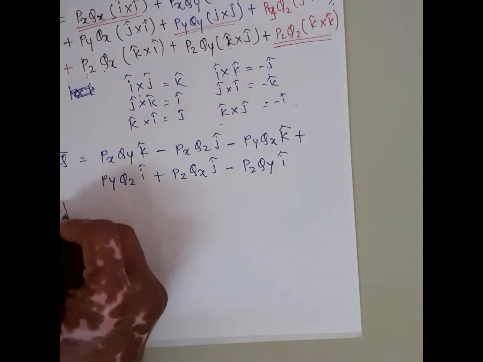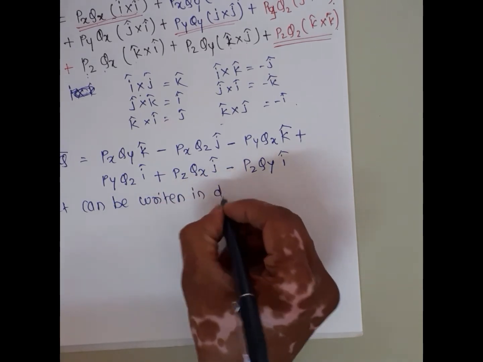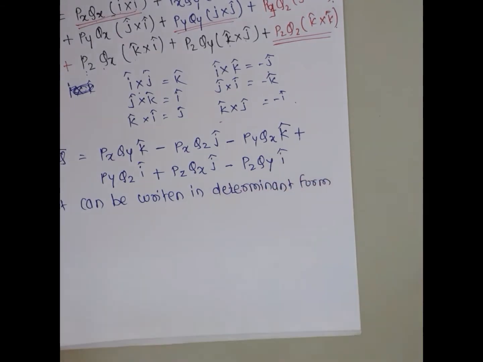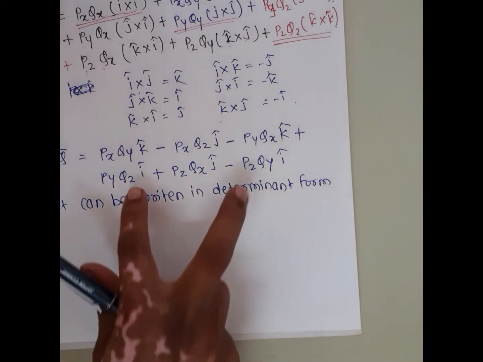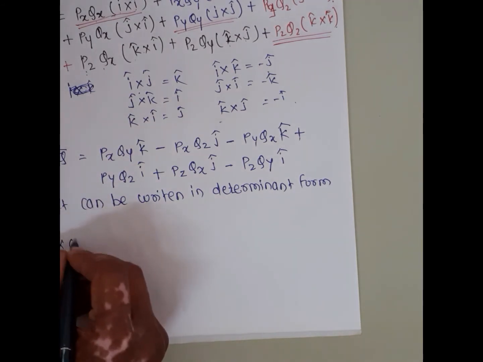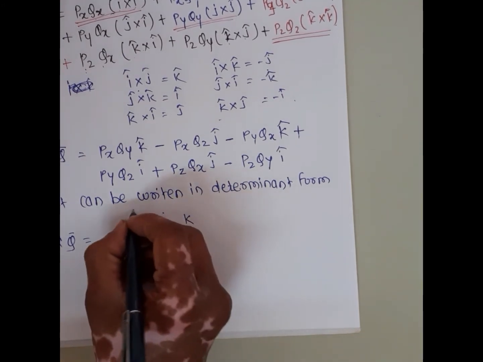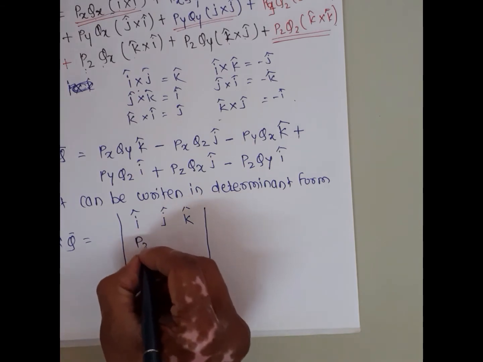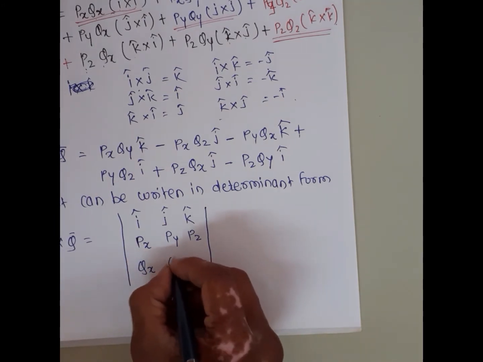See, there are two I terms, two J terms and one K term. So this is represented as P bar cross Q bar is equal to the determinant with rows I cap, J cap, K cap, then Px, Py, Pz, then Qx, Qy, and Qz.